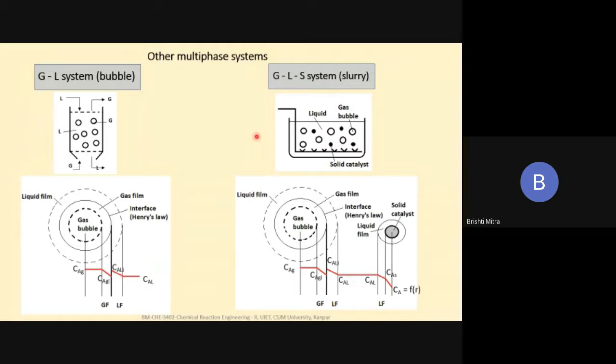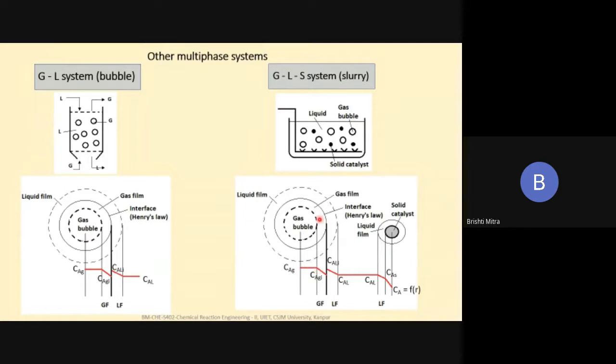Now, the other condition is the slurry reactor. What happens in the slurry reactor is that we now have three phases: the liquid continuous phase, the gas discrete phase, and solid catalysts where the reaction is taking place. Let us see what happens with mass transfer in such a situation. We have the gas bubble where the concentration is constant.